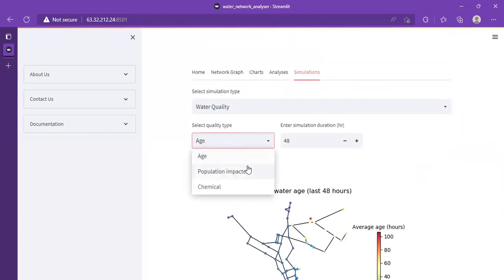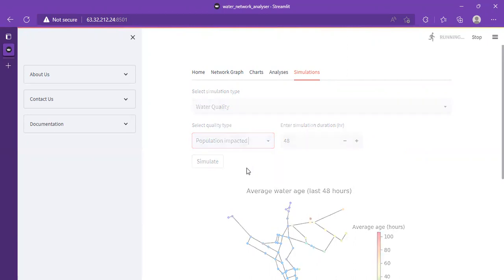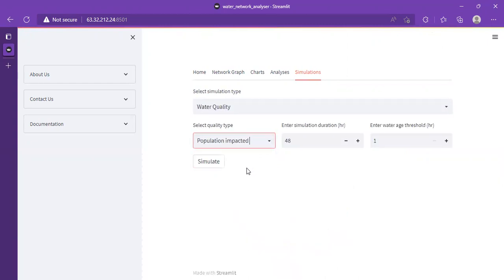So another thing that you may need to evaluate is how many people are going to be affected, that's the impacted population. So you also enter the simulation duration. That's in order to know how many people are going to be affected by water that is older than a certain age.